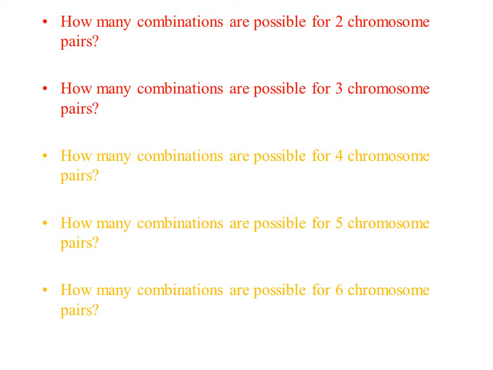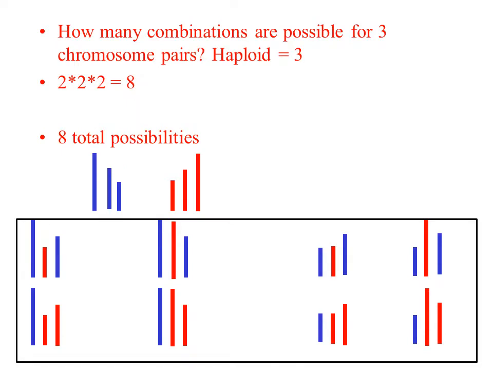So let's try another one. How many combinations are possible for 3 chromosome pairs? Same concept. Now, instead of doing 2 times 2, you just do 2 times 2 times 2. Here's the answer.